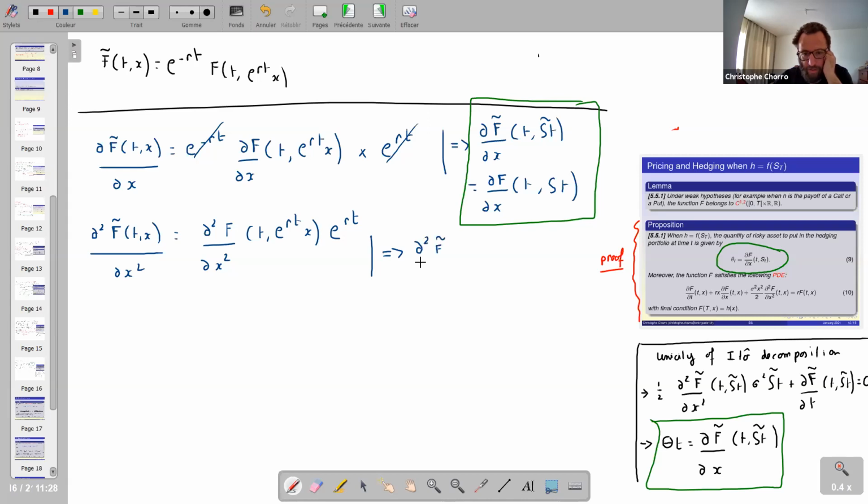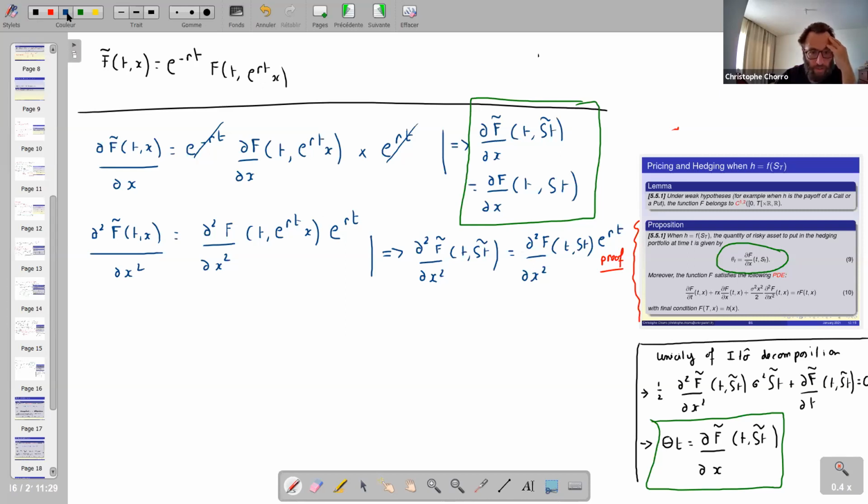From which I deduce that d2 f tilde over dx square of t, S_t tilde is equal to what? It is equal to d2f over dx square of t, S_t tilde multiplied by exponential rt, that is equal to S_t, and multiplied by exponential rt. So I have exactly this one.